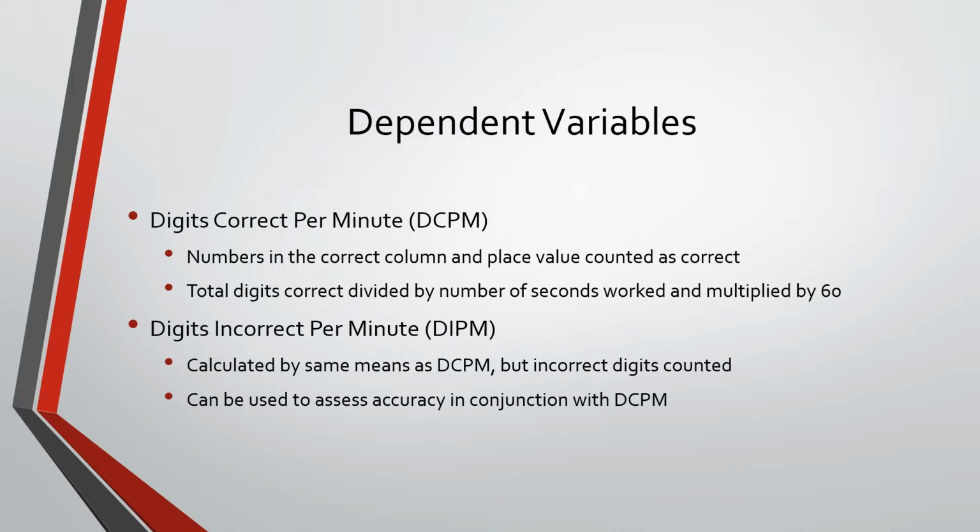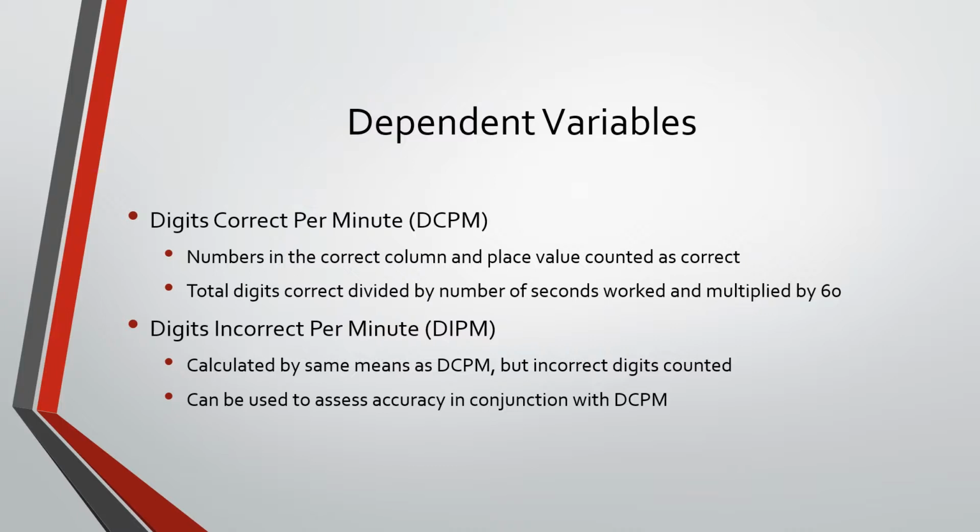And then the total digits correct are divided by the number of seconds worked and then multiplied by 60. And as I mentioned, since this includes a component of time, it really is getting at fluency, because if we only look at digits correct per minute, we don't really know how accurate they are solving these problems. We just kind of know how fast they're working.